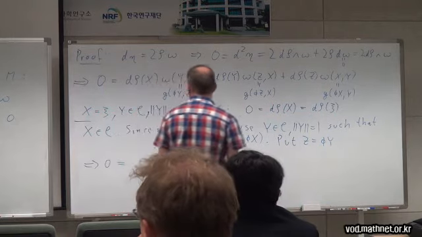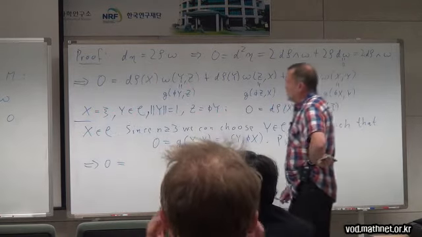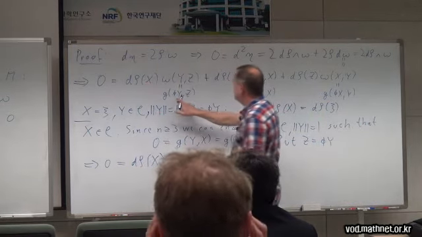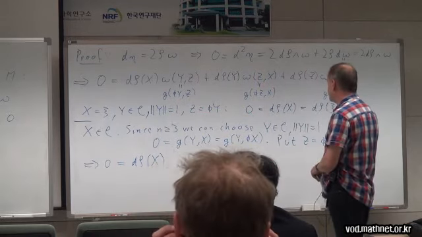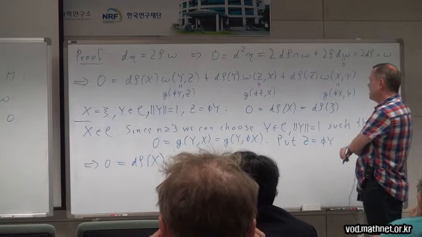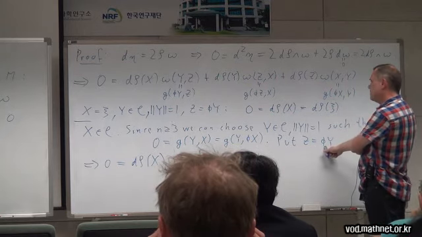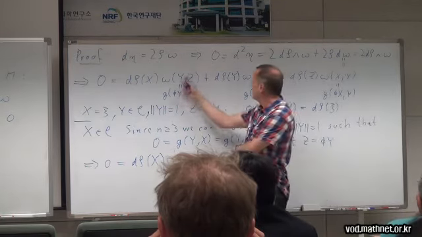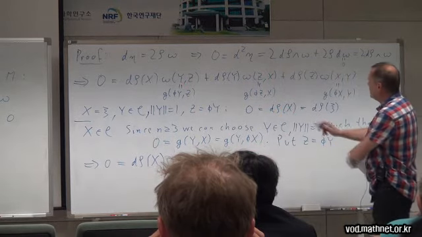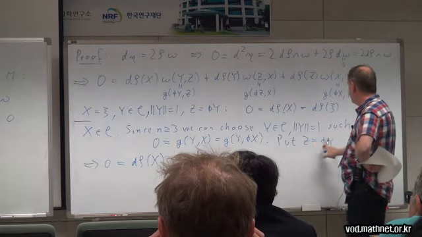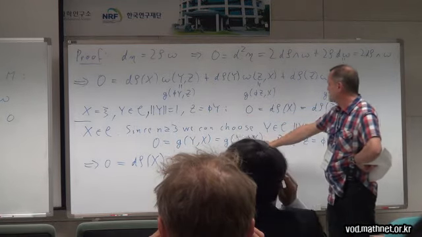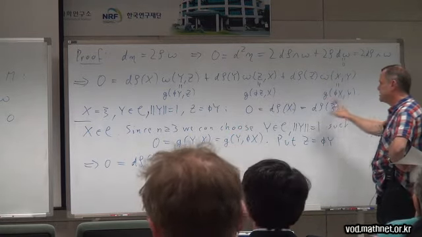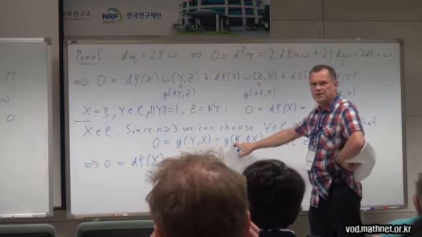So then we put z equal to phi y and see what we get. 0 is equal to, so we insert this. So d rho x, phi y, this inner product with z gives us a 1, so here we have a 1, plus, and now we have here phi z, y, so that's perpendicular to x by assumption, and phi x and y, that's also perpendicular, so that all vanishes.